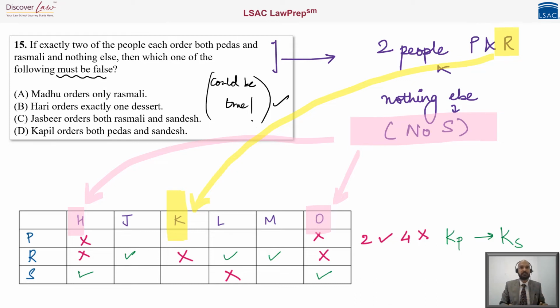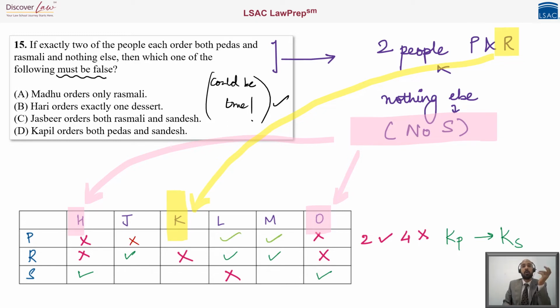Now let us see what we have here. We know that there are three possibilities for these two people. So either it could be J and L. In case it is J and L, then we have a tick mark here and we put a cross here. This could be the first case. Or it could be L and M, in which case we'll put a cross here.